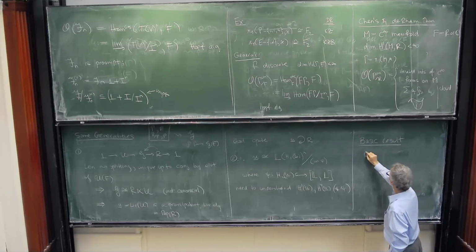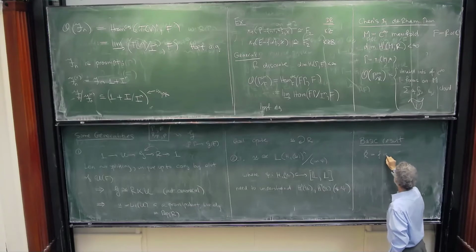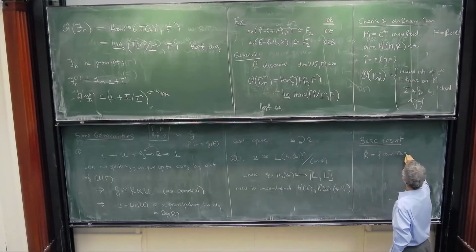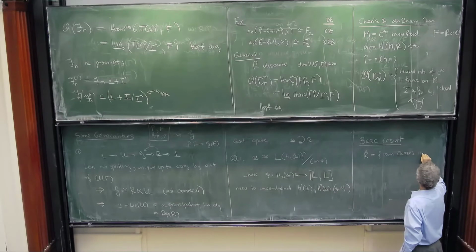So we're going to let R check be the set of isomorphism classes of irreducible R modules.